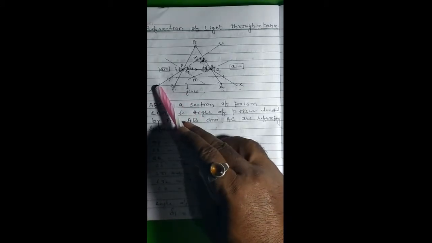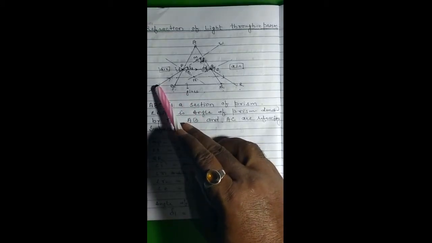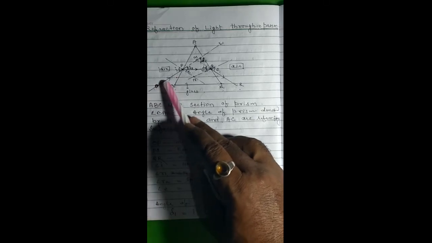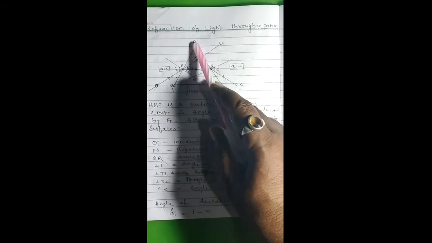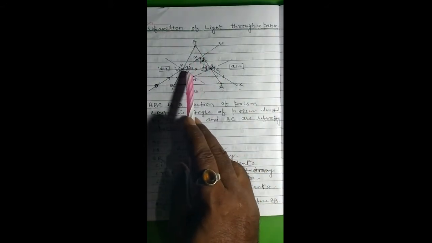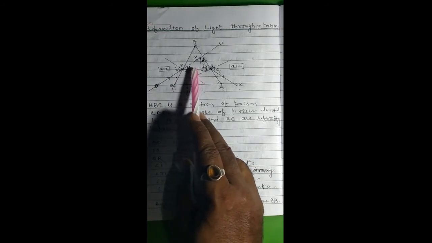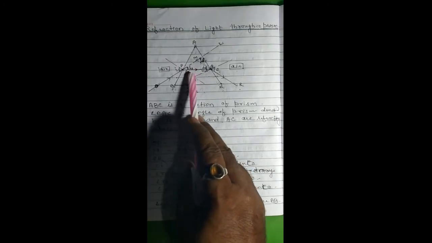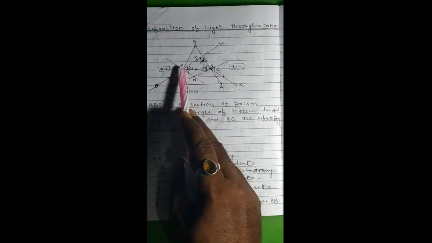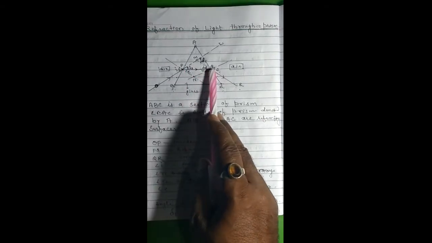Let O be the source of light. Ray OP incident on surface AB gets refracted towards the normal, traveling in glass prism along PQ.